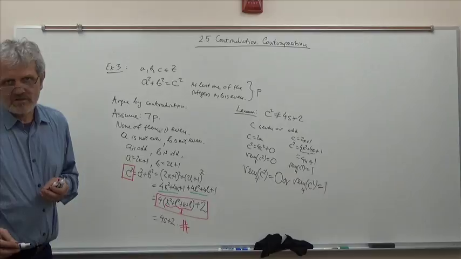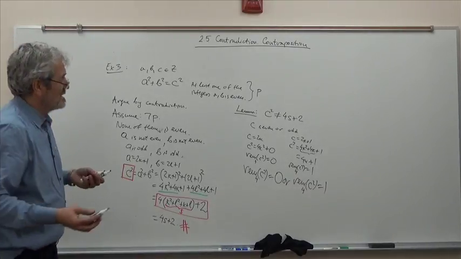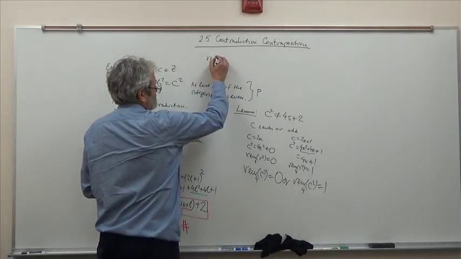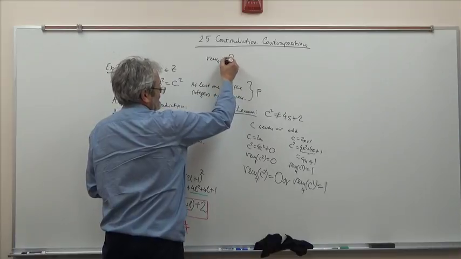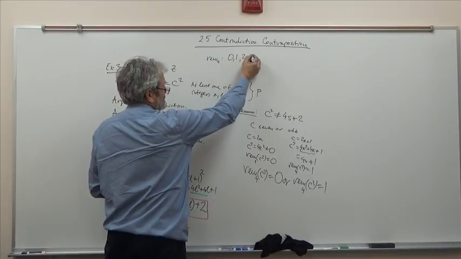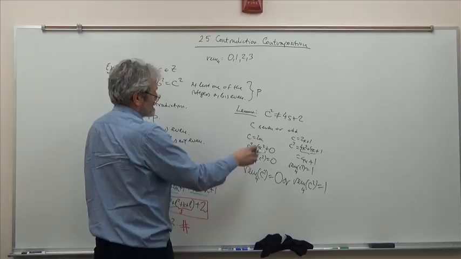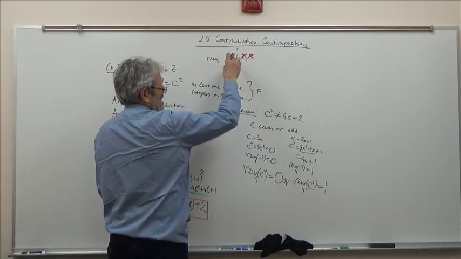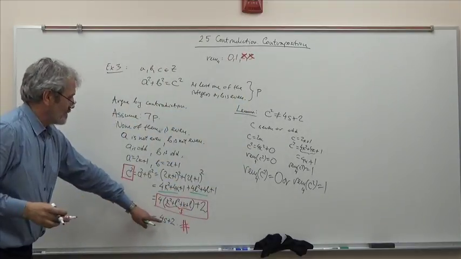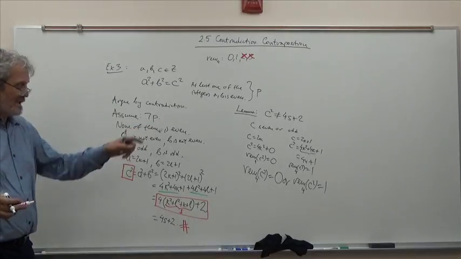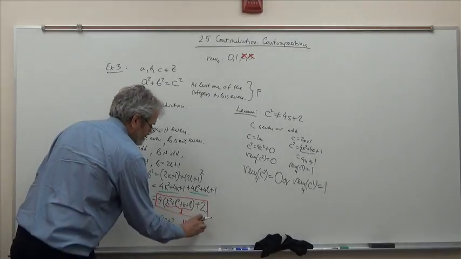It's never 2 or 3. The remainders modulo 4 are 0, 1, 2, 3, but if it's a square, this cannot happen. It's either 0 or 1. We got here remainder 2, and that contradicts the lemma.